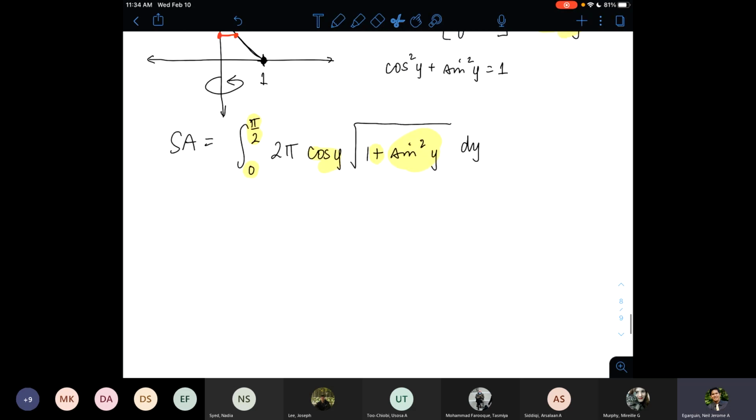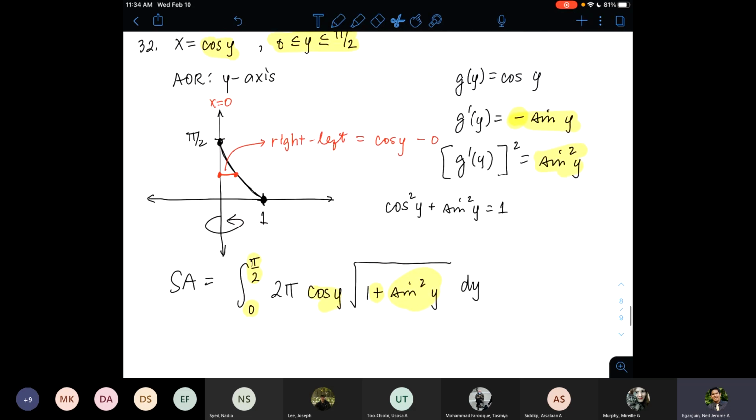But the important thing here is I hope you guys understand how the setup is being done, or how we find the integral that will give us the surface area. I guess that's the most important part of this section. Okay.